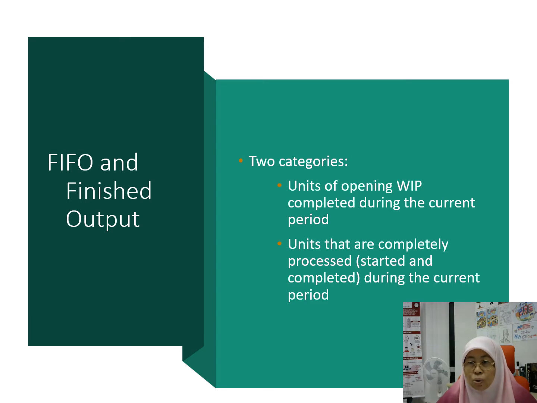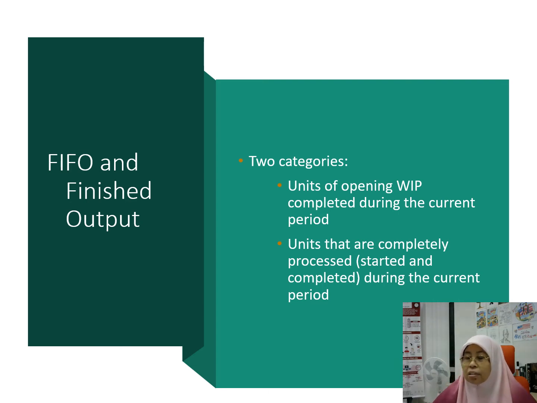First is the OWIP completed during the current period, which is the OWIP brought forward. Second are the units completely processed, started and completed during the current period, known as CPDP, completed production during the period.